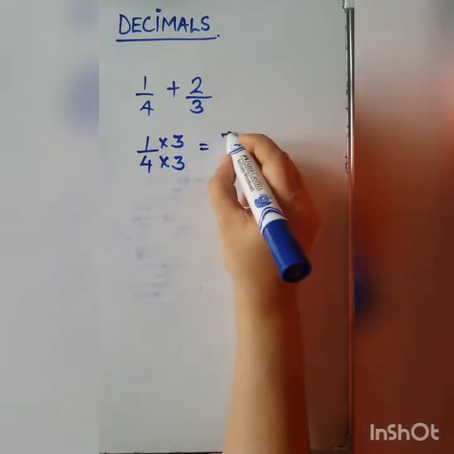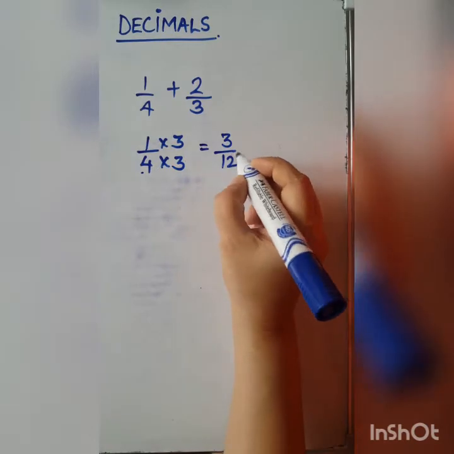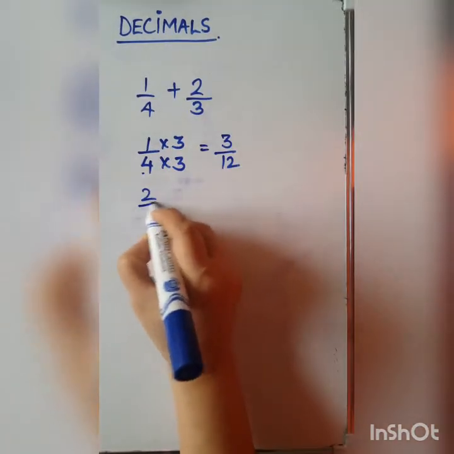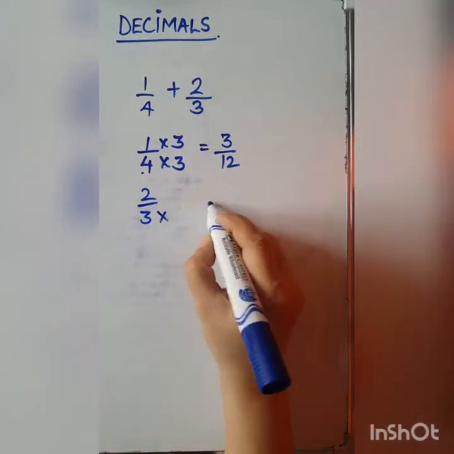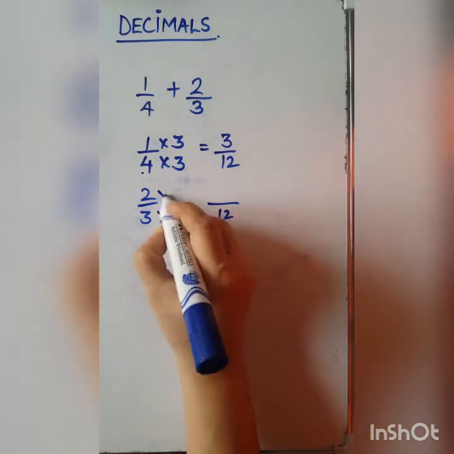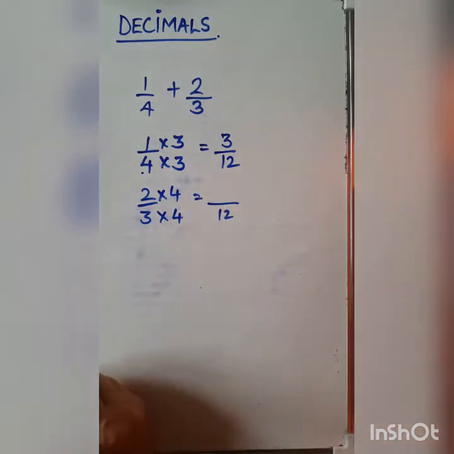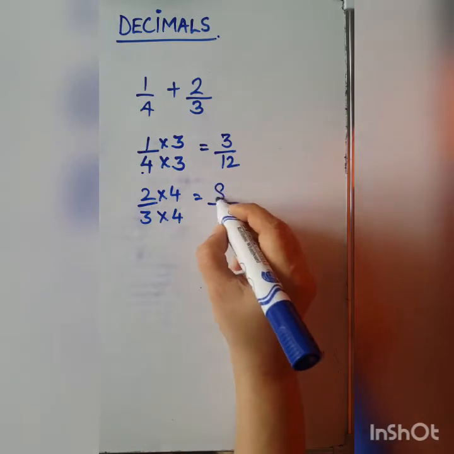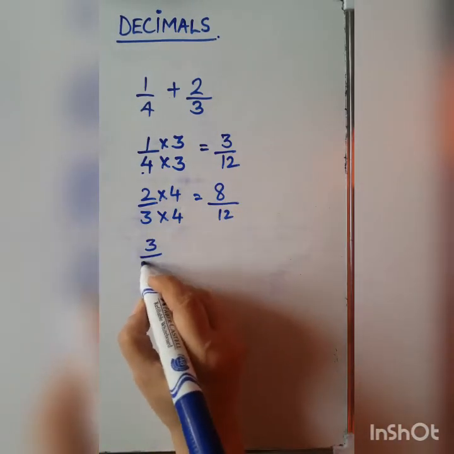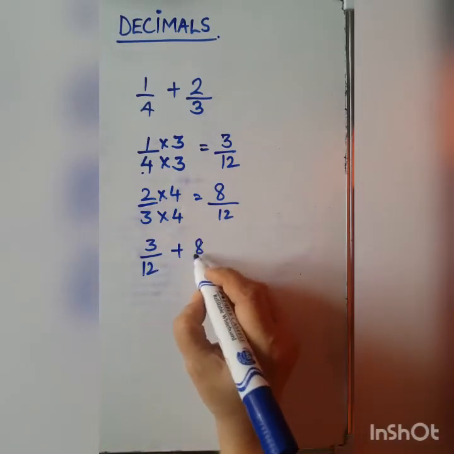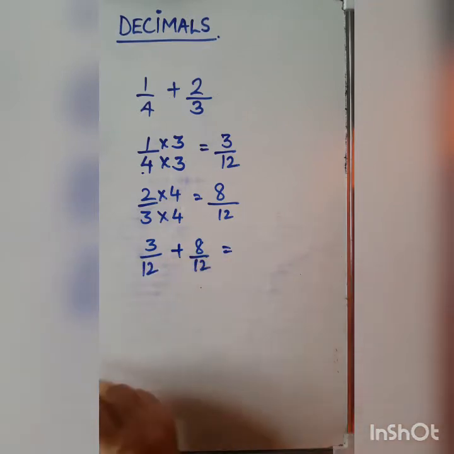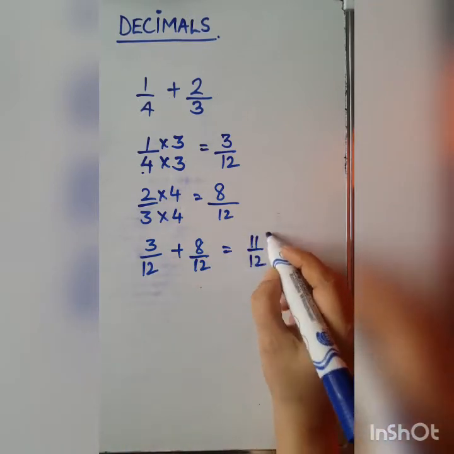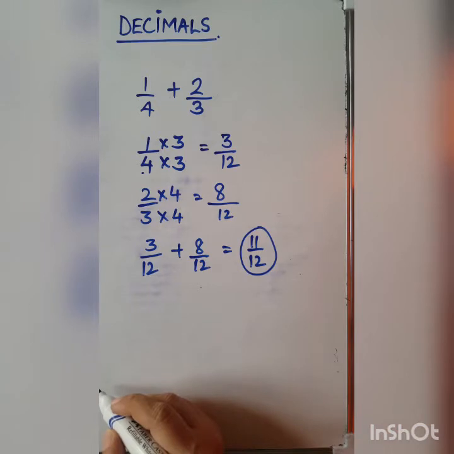So this will become 3 ones are 3, 4 threes are 12. Similarly, I can change 2 by 3, the denominator as 12, by multiplying the denominator and the numerator by 4. So this reduces to 2 fours are 8 by 12. Now if I add these two numbers, 3 by 12 and 8 by 12, that gives me 11 upon 12. That is still a proper fraction.